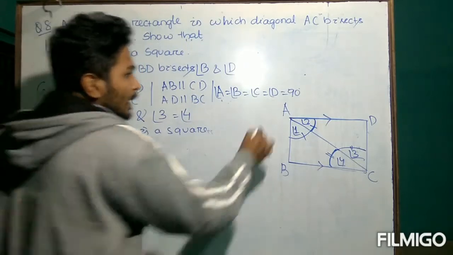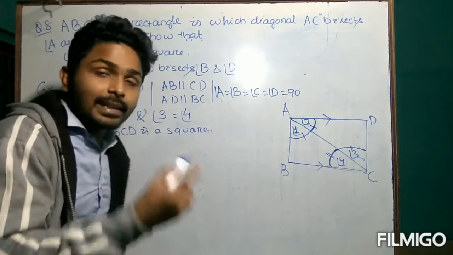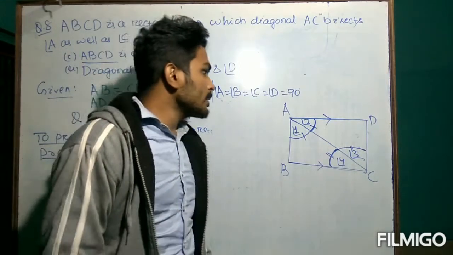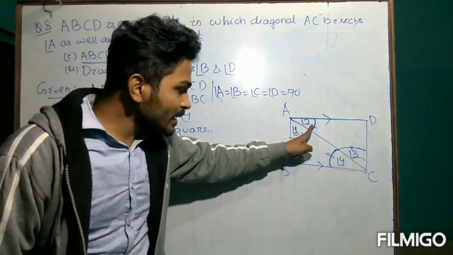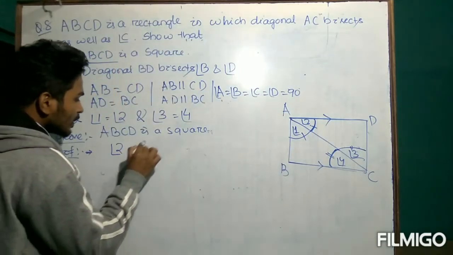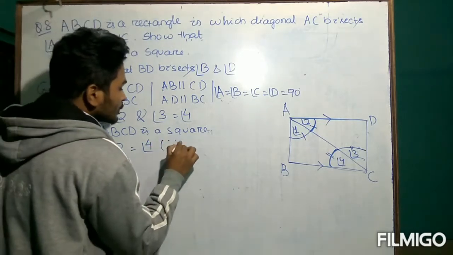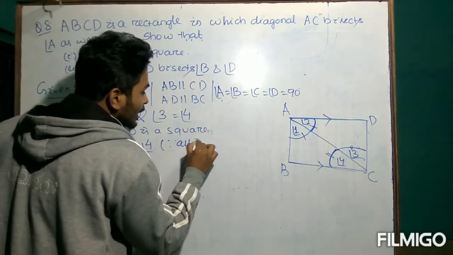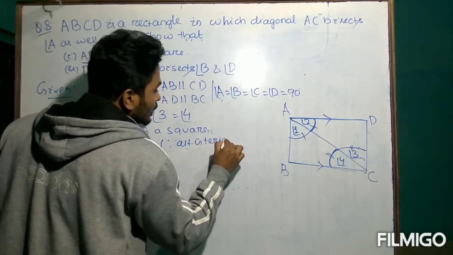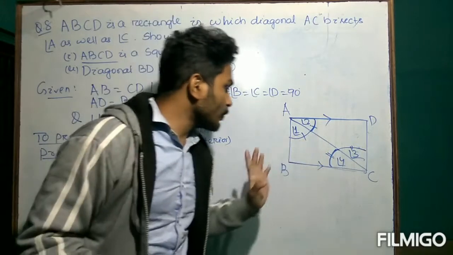And we know that if there are two parallel lines and a transversal, then the alternate interior angles must be equal. So we can write that angle 2 is equal to angle 4. Why can you write it? Because they are alternate interior angles. Is it clear? So angle 2 is equal to angle 4.